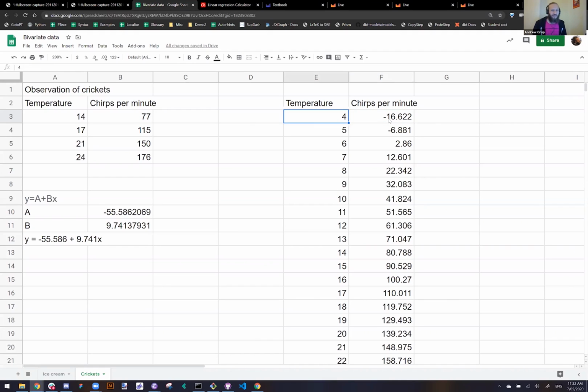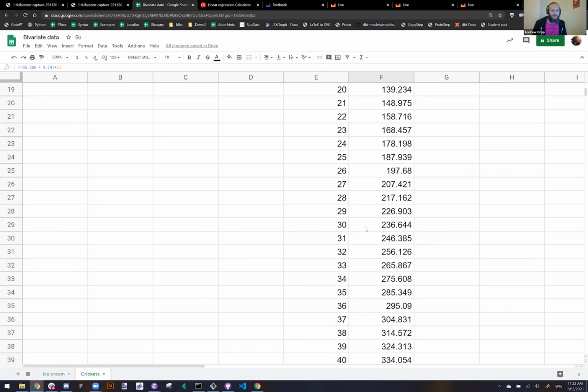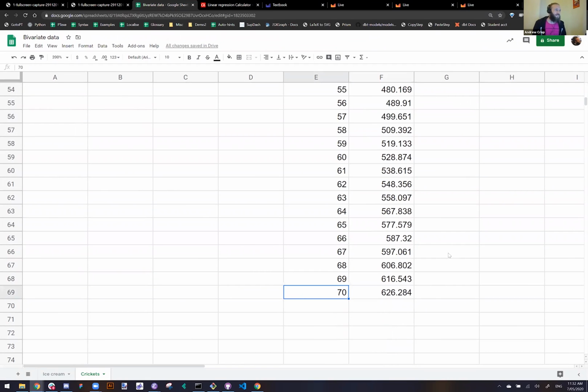And up here, if the temperature is 70 degrees, I think the cricket's getting cooked. Like you could just imagine it chirping more and more, but it's probably not going to be making 600 chirps per minute. It's probably going to be cooked.